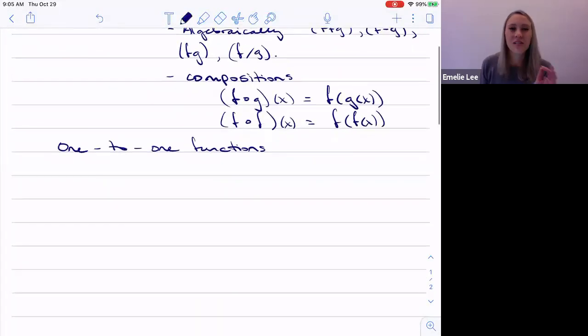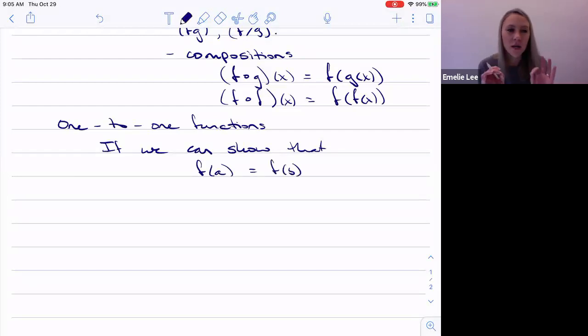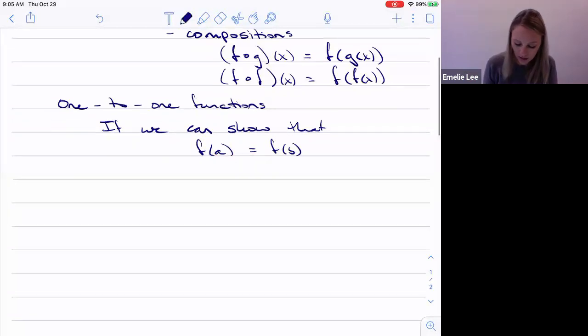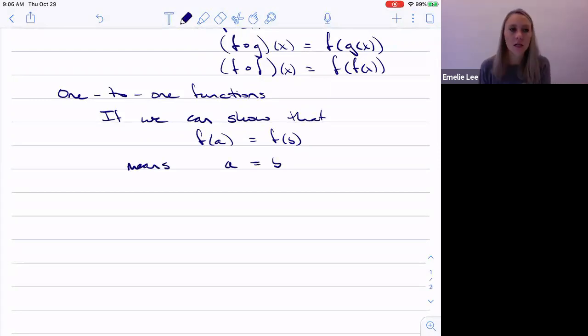A function is one-to-one if we can show that f of a equal to f of b, right? So we evaluate the function at a and b and we set them equal to each other. So if we can show that f of a equals f of b means that a equals b in the end, right? Then we have a one-to-one function.